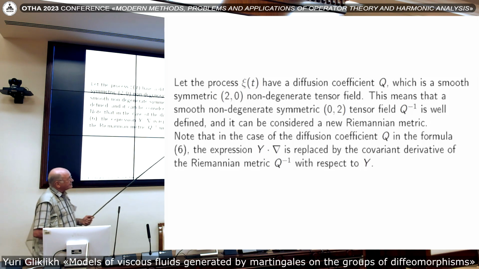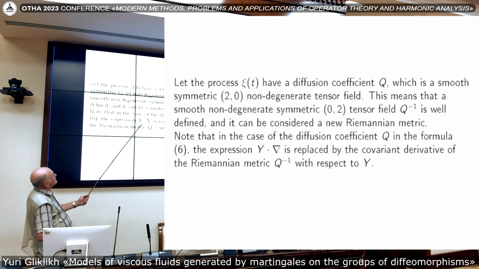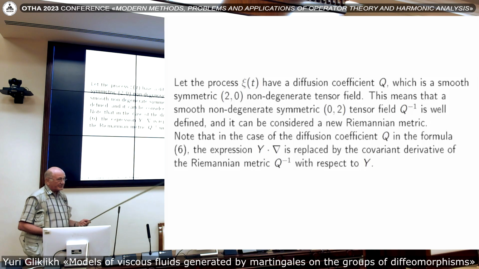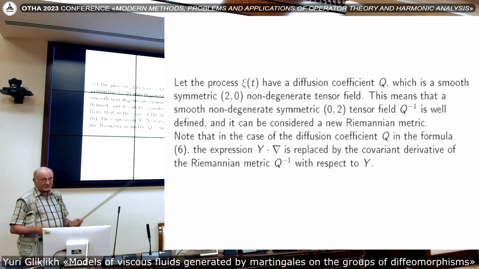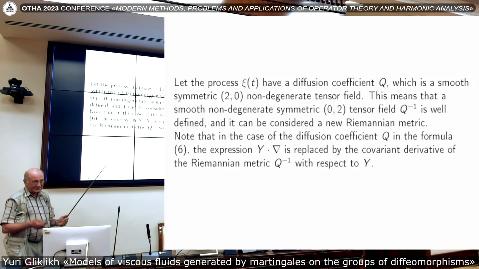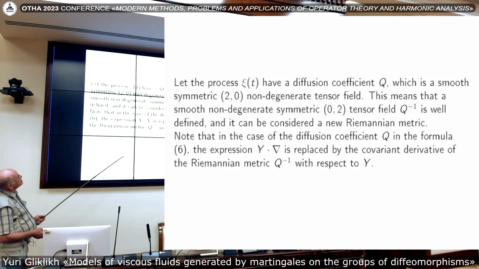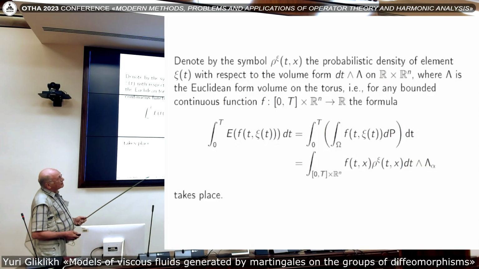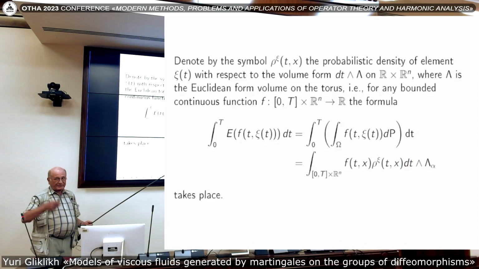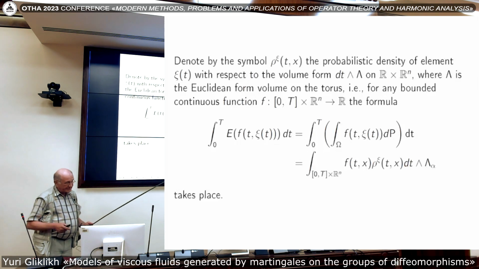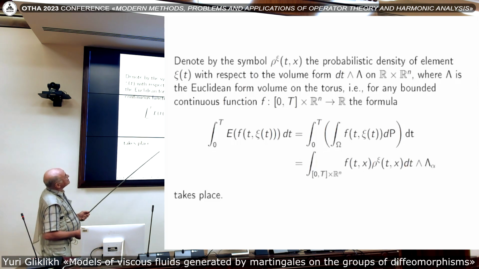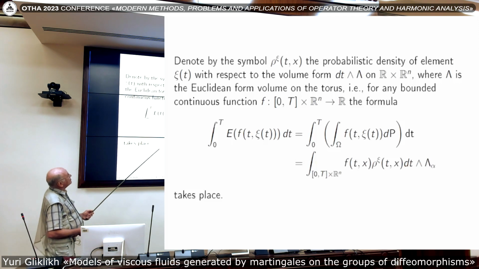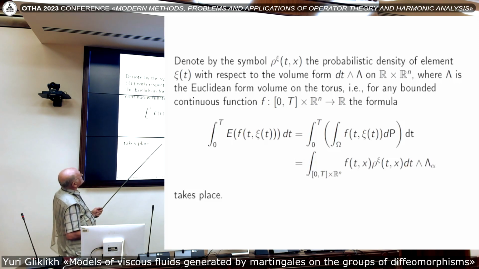And with respect to this Riemannian metric, we obtain divergence, gradient, and all other operators of vector analysis. And we shall denote them with capital first letters. Now, this is the formula for current velocity.